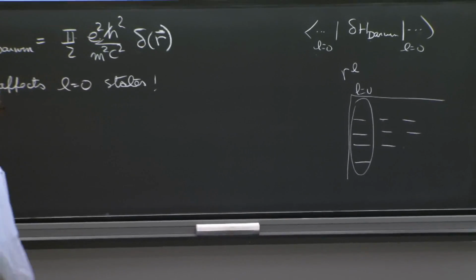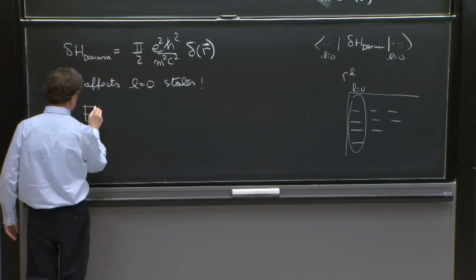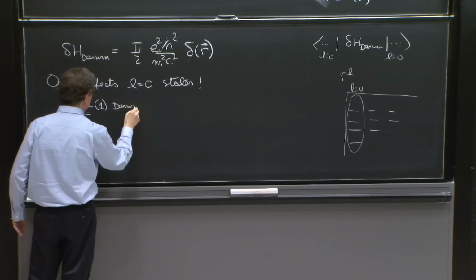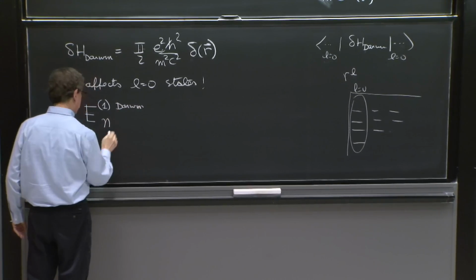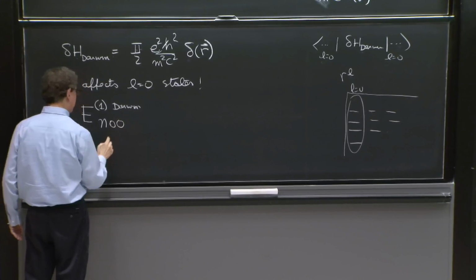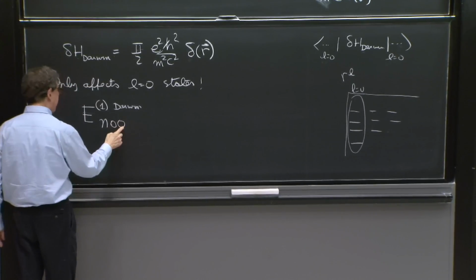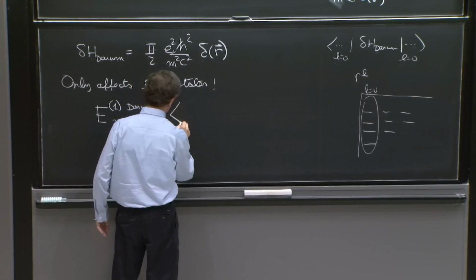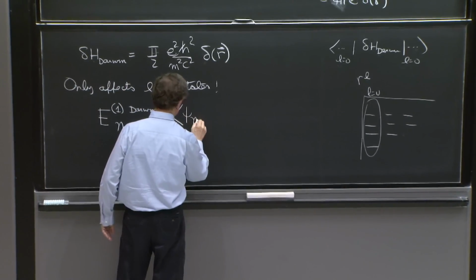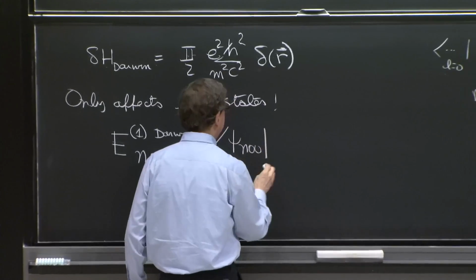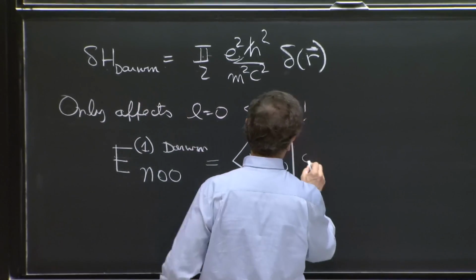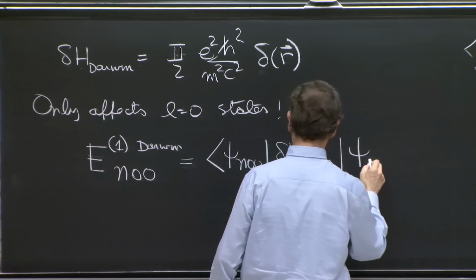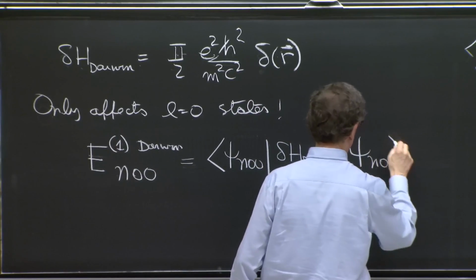So our correction that we can call E1 Darwin for n 0, 0, because L is equal to 0 and therefore m is equal to 0, would be equal to psi n 0, 0 delta H Darwin psi n 0, 0.